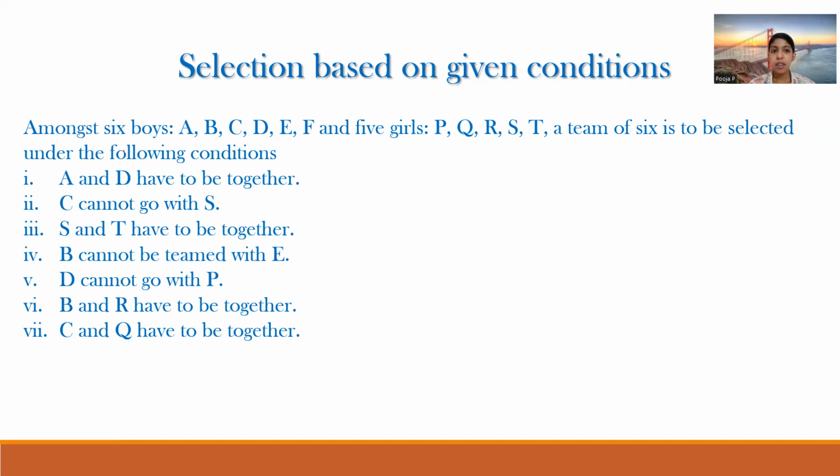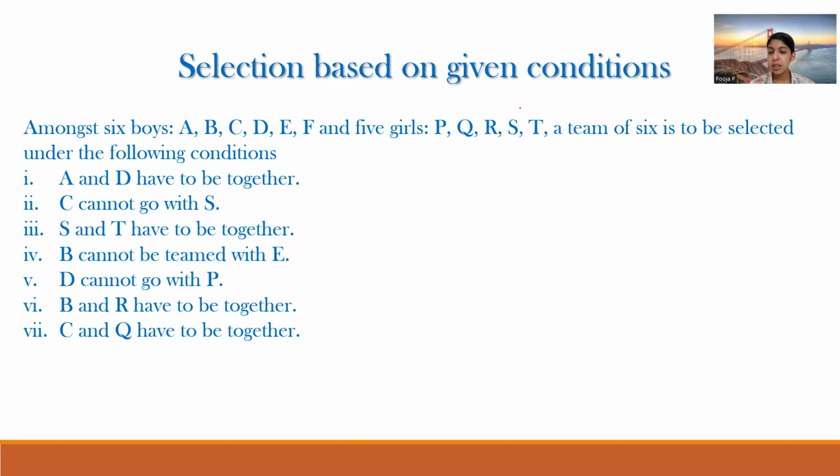What does this mean? If you're selecting A and you have to form a group of 6, you should also select D by default. That is, they have to be together. C cannot go with S. If you're selecting C, then you should not take S. Same way, vice versa. If you're selecting S, C cannot come into picture. Similarly with A and D. If you're selecting D, A also should be there. S and T have to be together.